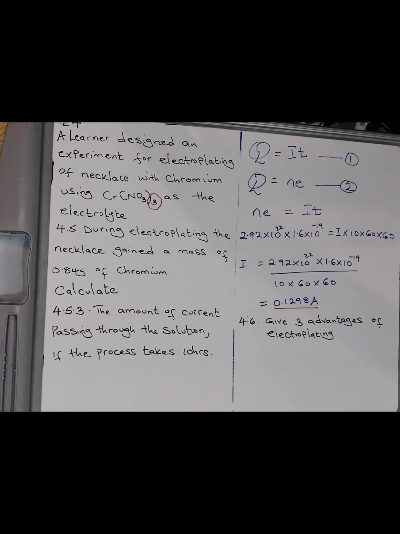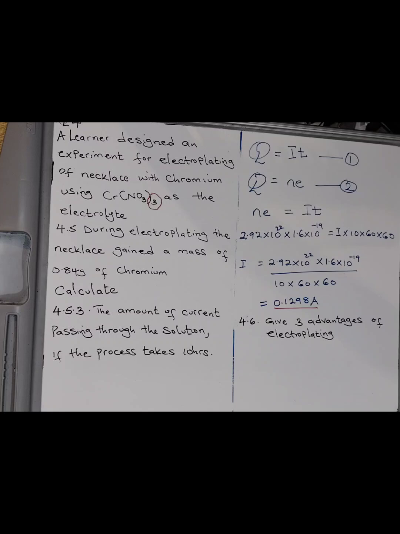What is the second one? To improve the appearance of the material. We know all these gold-plated earrings, necklaces, and what have you. They look nice, so the appearance is good. And three, to prevent corrosion. Corrosion is when the material loses the outer layer gradually.